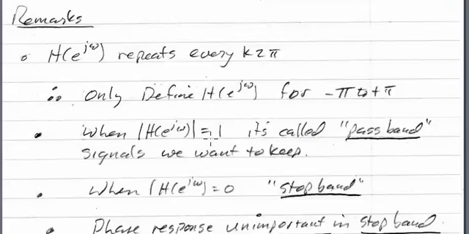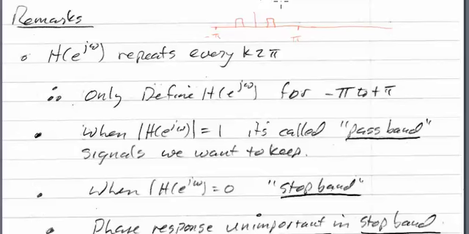All right, just some quick remarks about this. First is that we're only drawing the frequency response from minus pi out to pi. And within that range, we see, like here's a bandpass filter. You have to keep in mind that this is just part of the picture.